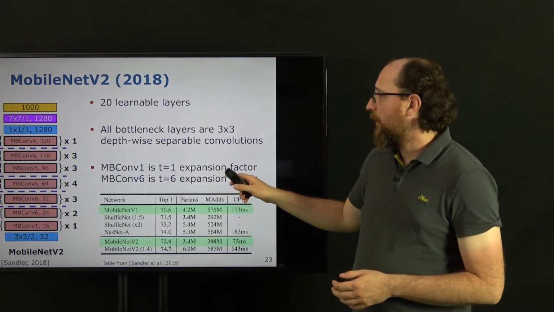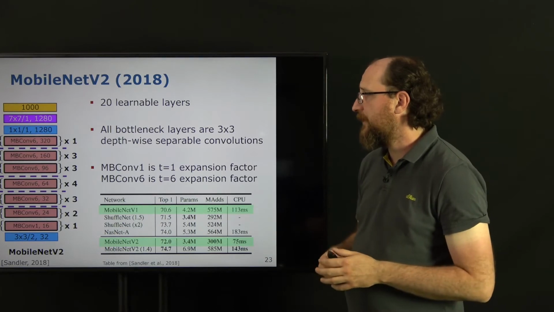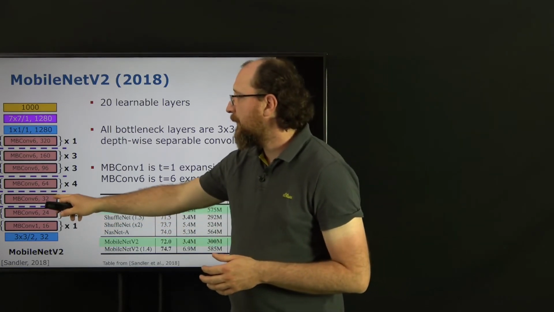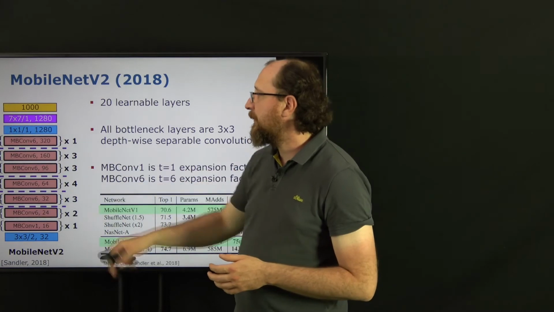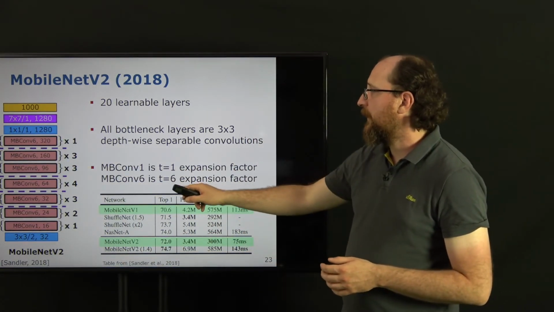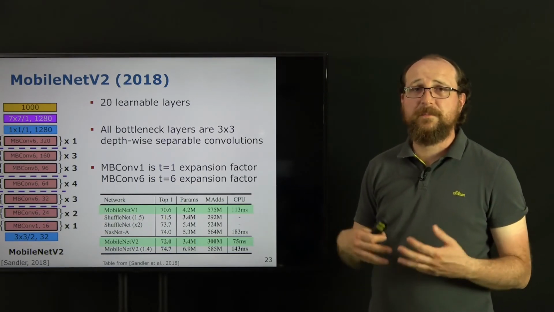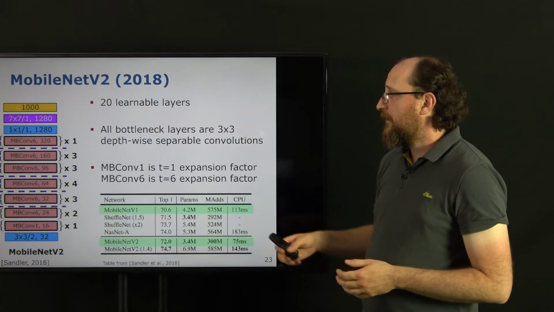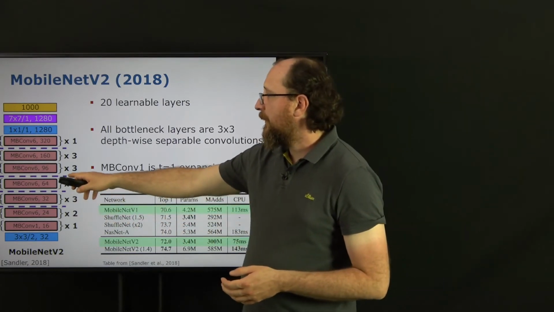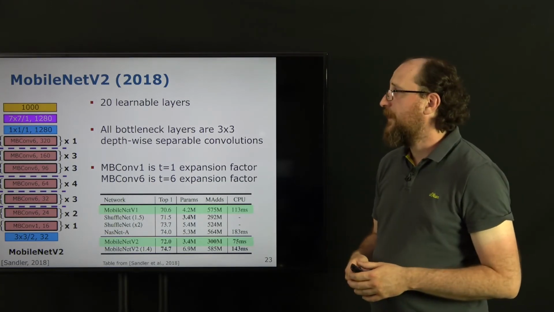So we are not expanding the number of channels in the bottleneck, but here we are then using the MBConv6, which is an expansion of factor 6. So we are multiplying the number of channels that we have in the bottleneck by 6. And then in between we have again strided convolutions which reduce the size of the feature maps again.